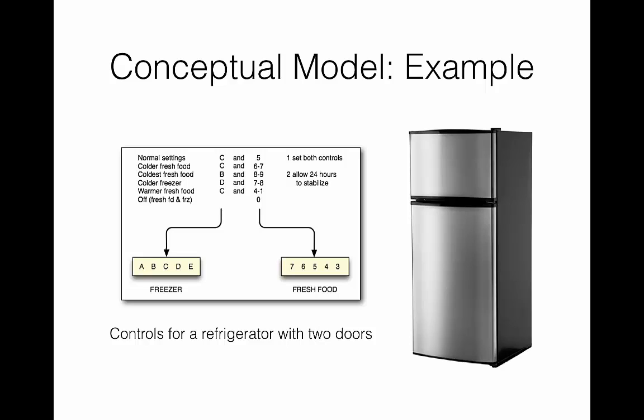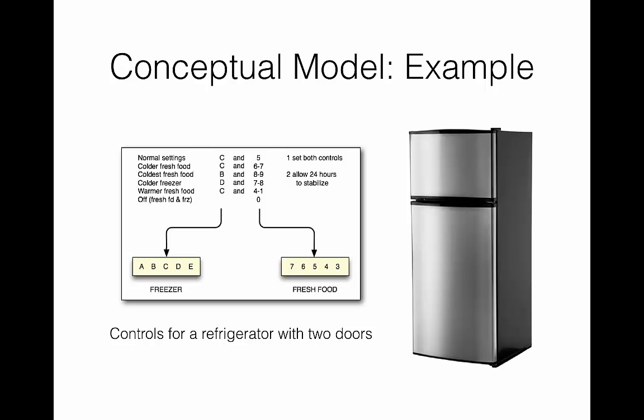Here's an example of what can happen when a user does not have an appropriate conceptual model of the system. Consider a refrigerator with 2 compartments and 2 doors, one for frozen foods and the other for fresh food. And inside the refrigerator, you see 2 controls.